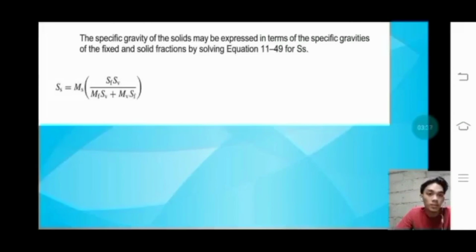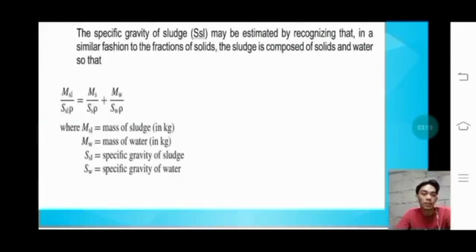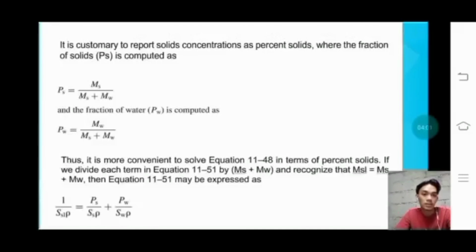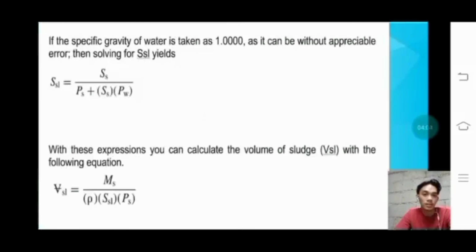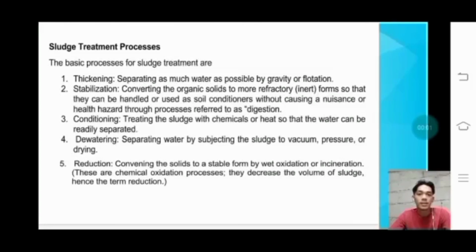The specific gravity of the solids may be expressed in terms of the specific gravities of the fixed and volatile fractions. So here is the formula: Ss is equal to ms times Sf times Sv over mf Sv plus mv Sf. Another formula, this one. These formulas are all helpful for us to determine the mass of the sludge.